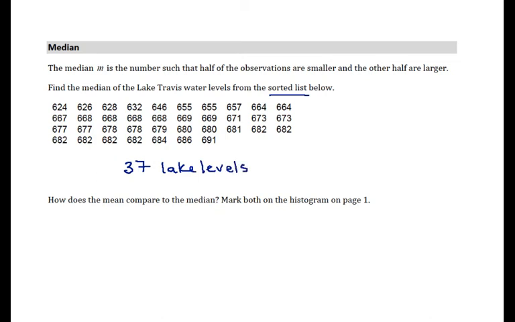So to find the median, we want to find the value such that half of the observations are smaller and the other half are larger. Half of 37 is 18 and a half, and if we think about what it would mean for 18 and a half of these to be smaller and 18 and a half of them to be larger, then we know that we're looking at the 19th value.